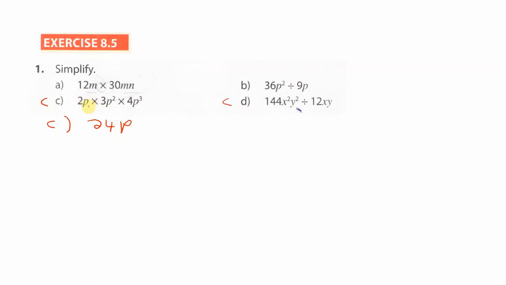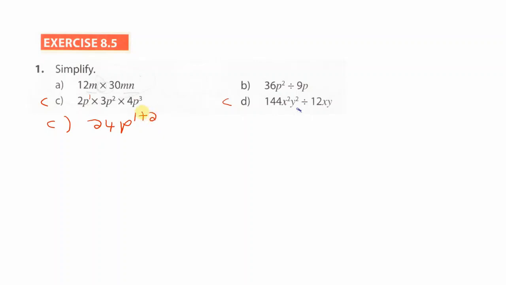Now, if we multiply, then we have to add the powers. This p, there's only one, so it's an invisible 1. We are multiplying, so our p's increase. So now we have the 1p, we are multiplying with 2 more p's, so we have to add 2.